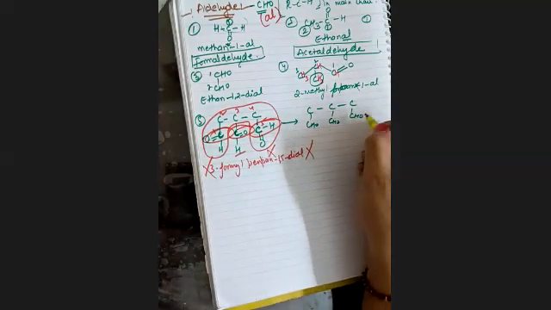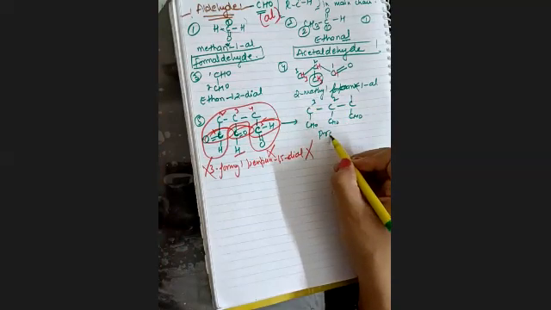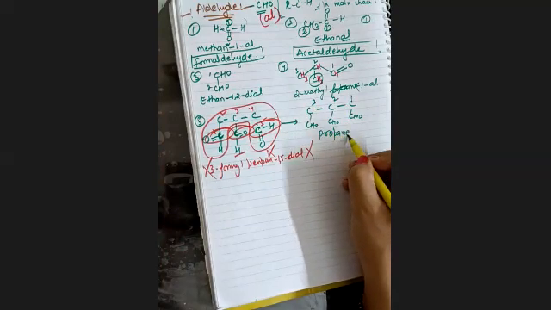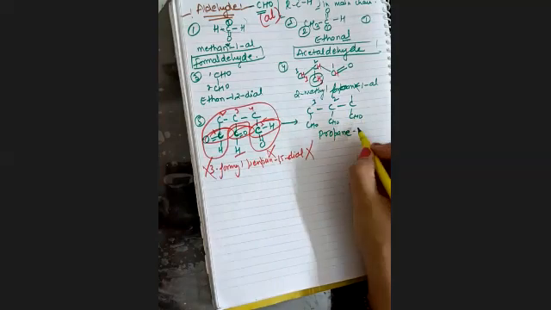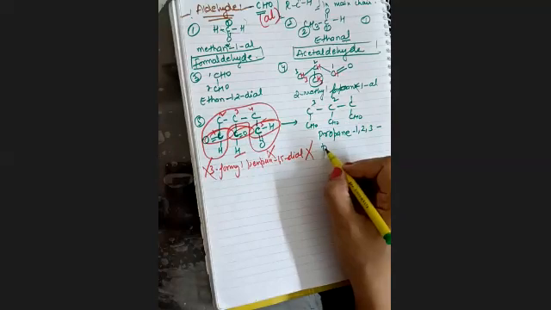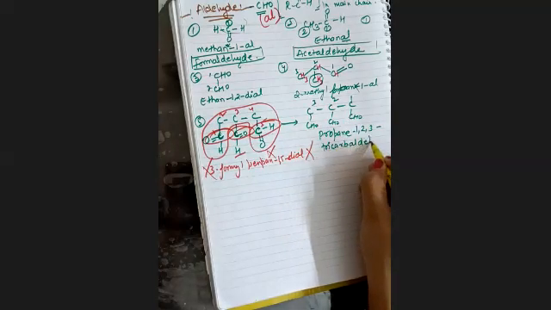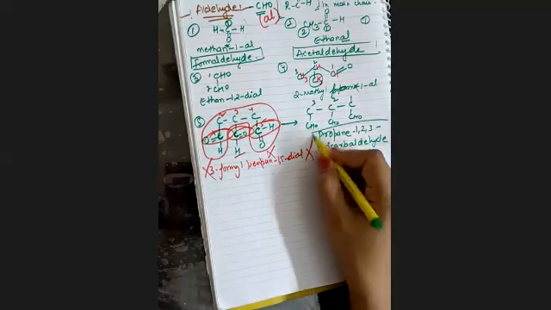I'm just writing in compact form. So 1 2 3, the nomenclature will be propane 1 2 3, tricarbaldehyde. Note this thing down. This is an exception.